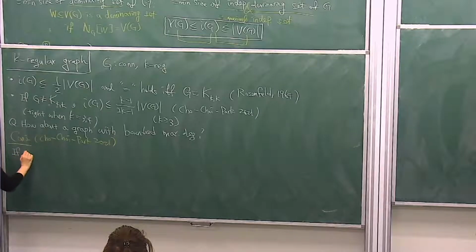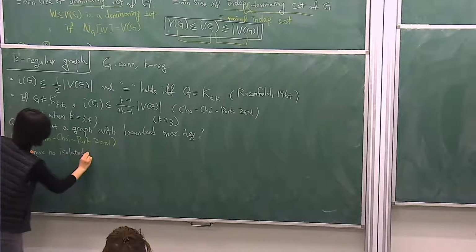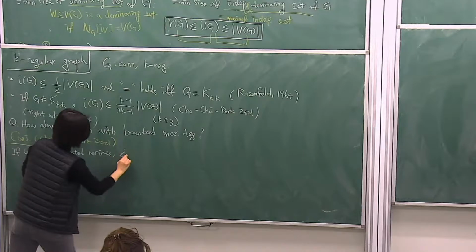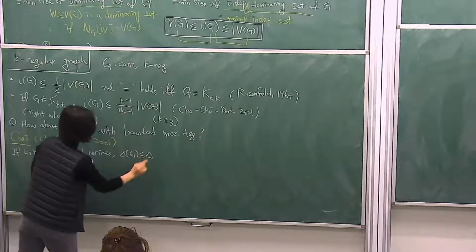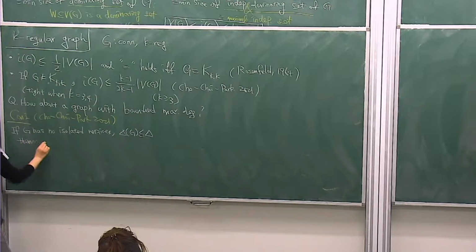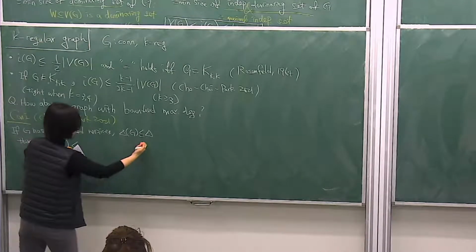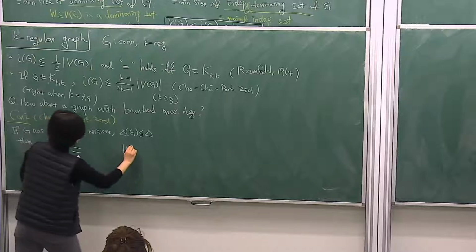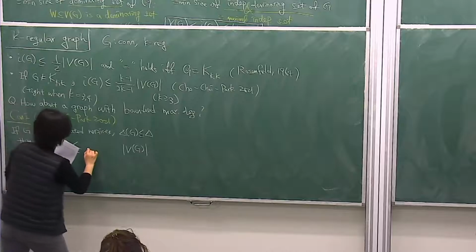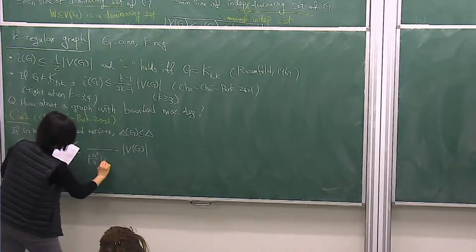Here G has no isolated vertices, and the maximum degree is bounded by delta. Then i of G is bounded by some constant depending on delta times the number of vertices. And here the constant is given like this.